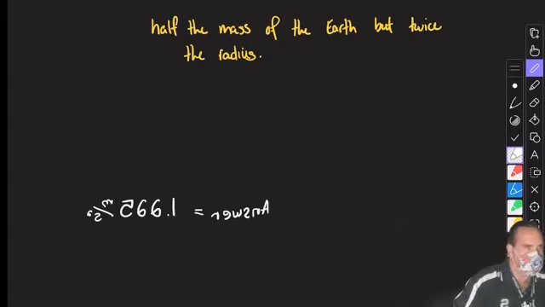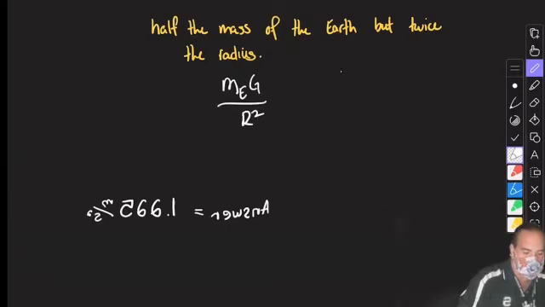Should be 1.225. Do you want me to go over it? So our original formula is still going to be this one, because we're talking about the acceleration. We had half of the mass of the Earth and 2 times the radius.